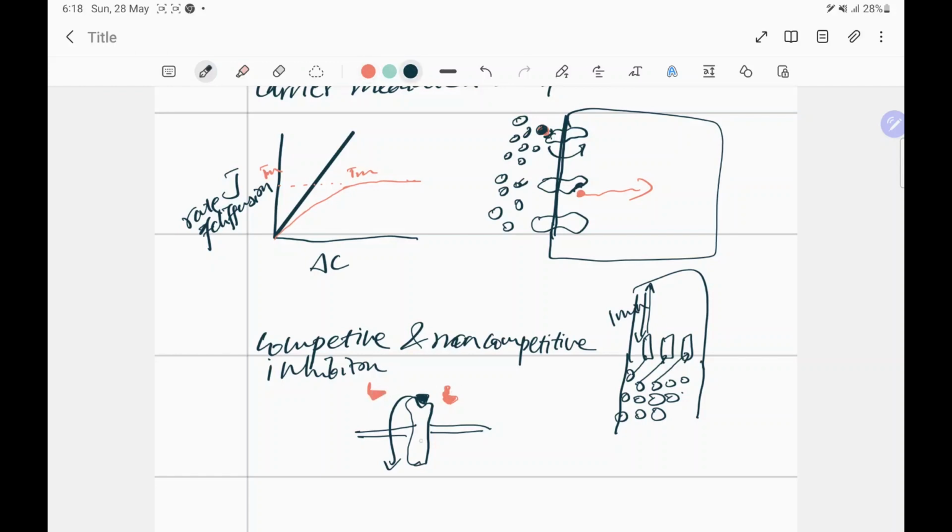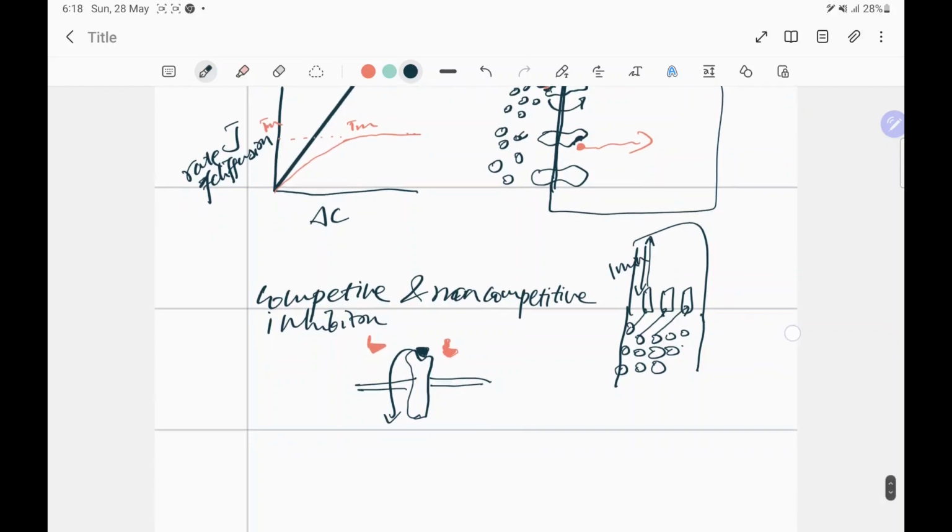If this carrier was meant to only transport the black molecule, now you put some red molecules, what's going to happen? They're going to take the seats in this bus or in this elevator, and they're going to reduce the rate with which the black molecules cross the membrane. So this is your inhibition, and this is competitive inhibition.